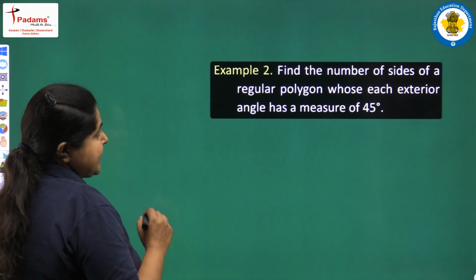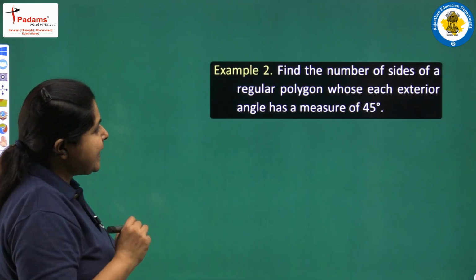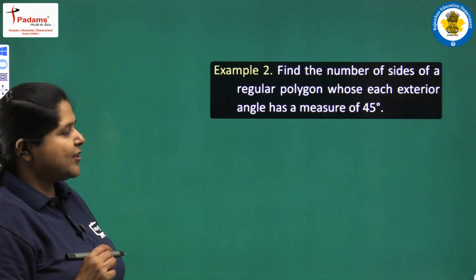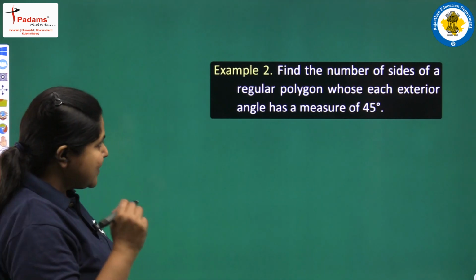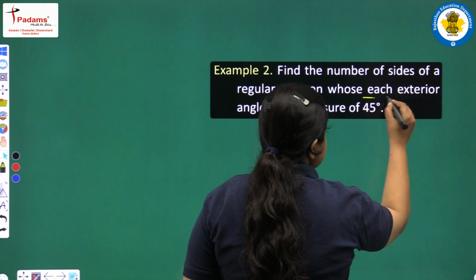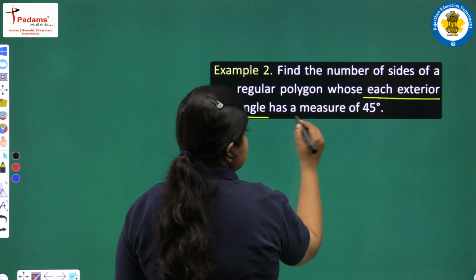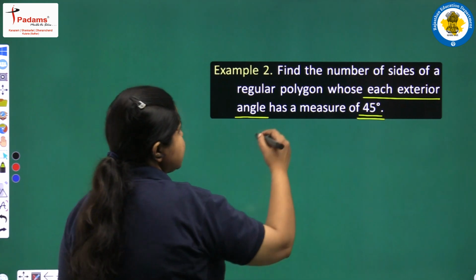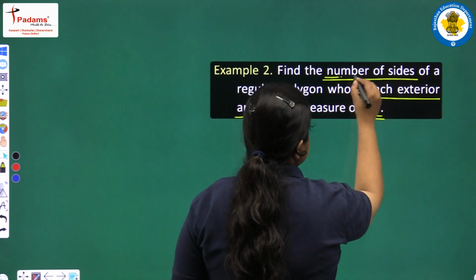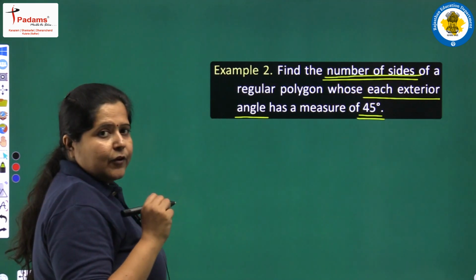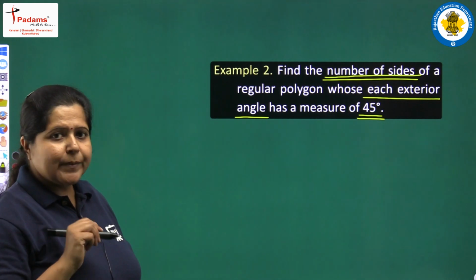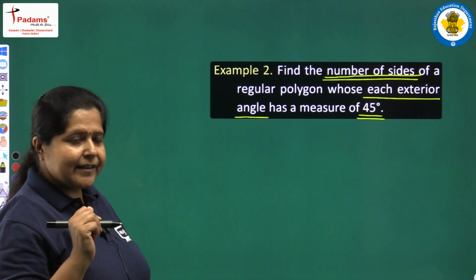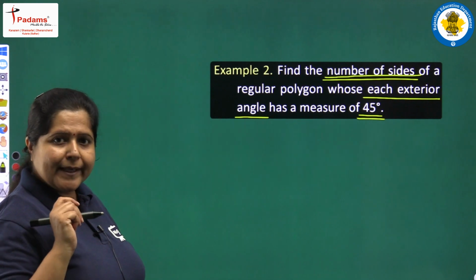Find the number of sides of a regular polygon whose each exterior angle has a measure of 45 degrees. So, here we have been given the measure of each exterior angle, which is 45 degree, and we have to find the number of sides. First of all, whatever has been asked, we will take it to be a variable and it will be n. Number of sides, let us take it to be n.